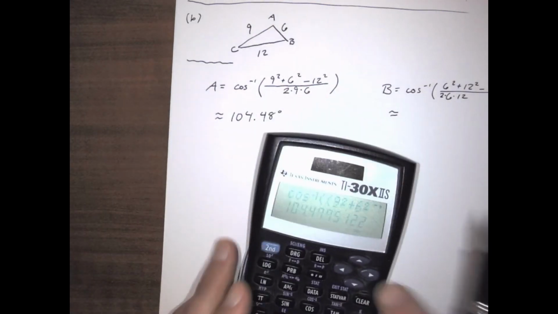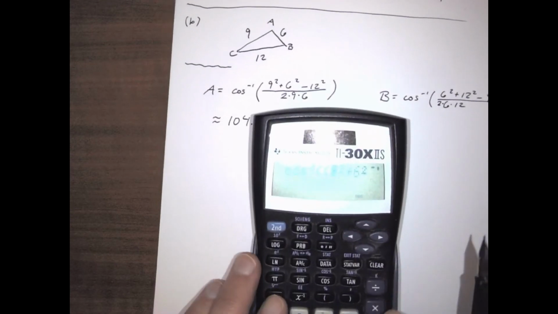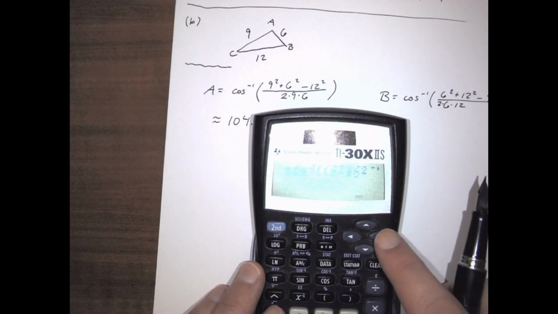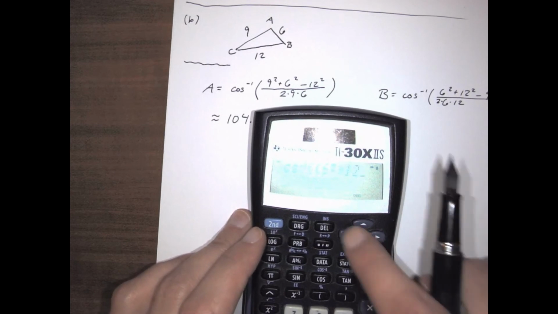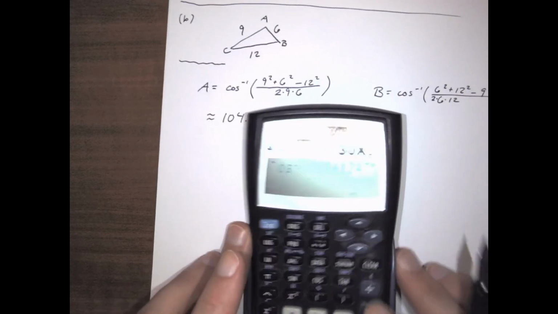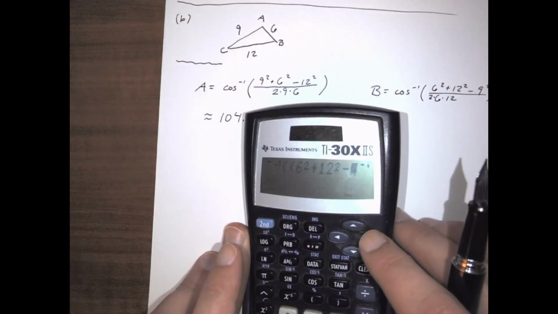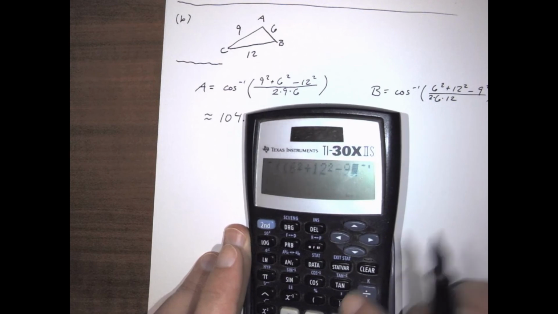Same thing for B, I'll just go up and take my previous answer and switch some of the numbers around. So instead of 9 squared plus 6 squared, it's 6 squared plus 12 squared. Careful when you make a change and it has a different number of digits, use the insert button so it doesn't mess up all of your next symbols. Minus the, not 12 anymore, but 9 squared.